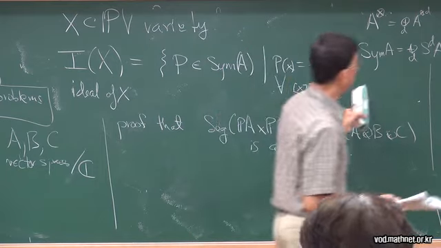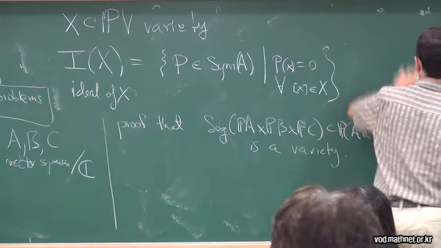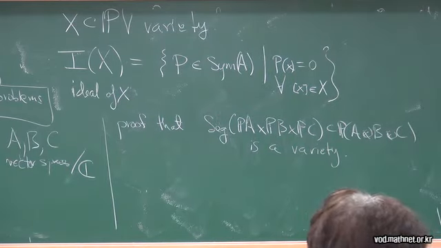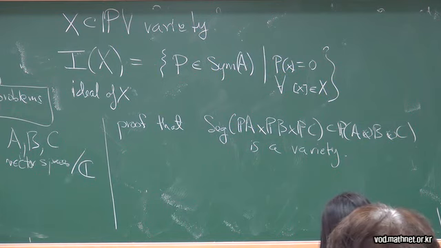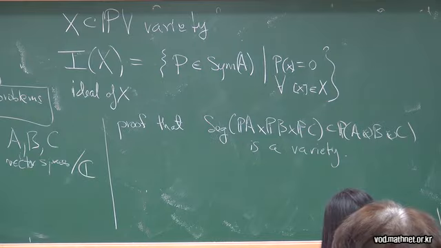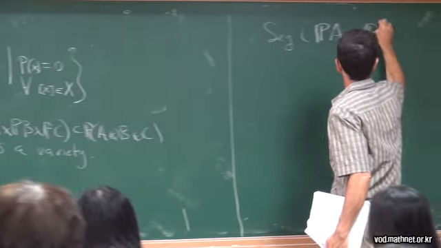So we need to find some polynomials whose zero set is exactly the collection of rank 1 tensors. Well, let's do an easier thing. Let's consider the Segre of just matrices, rank 1 matrices.